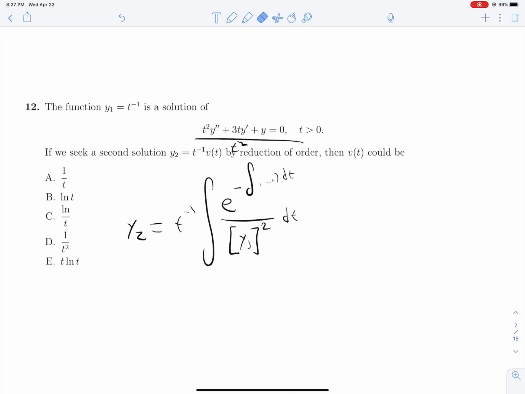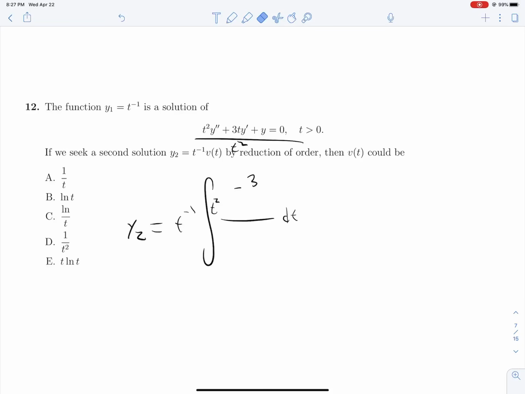So we are solving this guy right here. We can replace this y1 with a t to the negative 1 squared, so t to the negative 2. That can come up here as a t squared. And solving here, we will get 3 ln t.